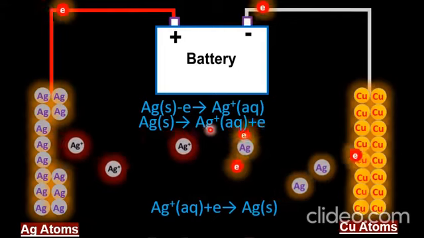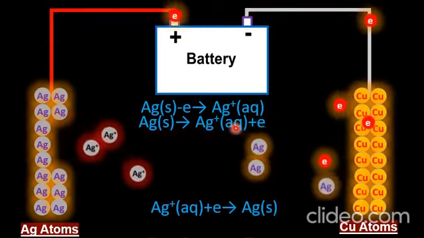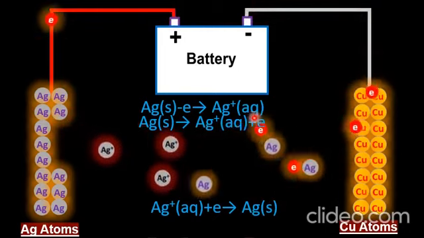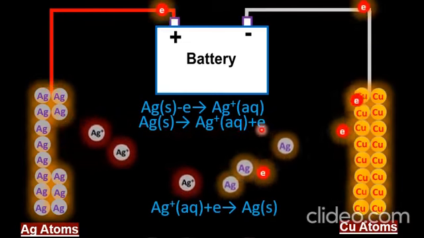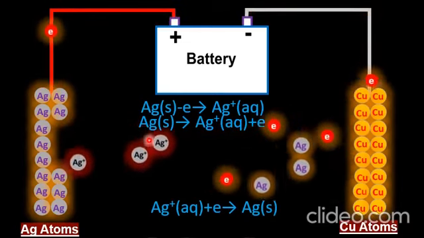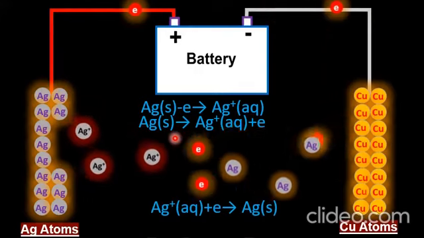I will change its sign from minus to plus. So this is the correct way of writing an equation for the oxidation process.